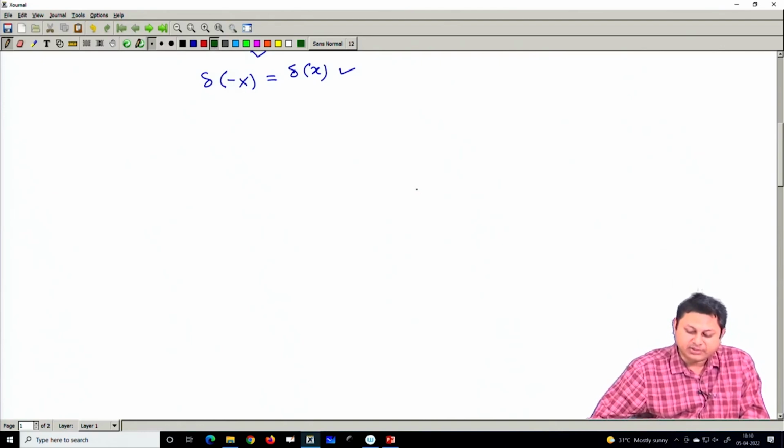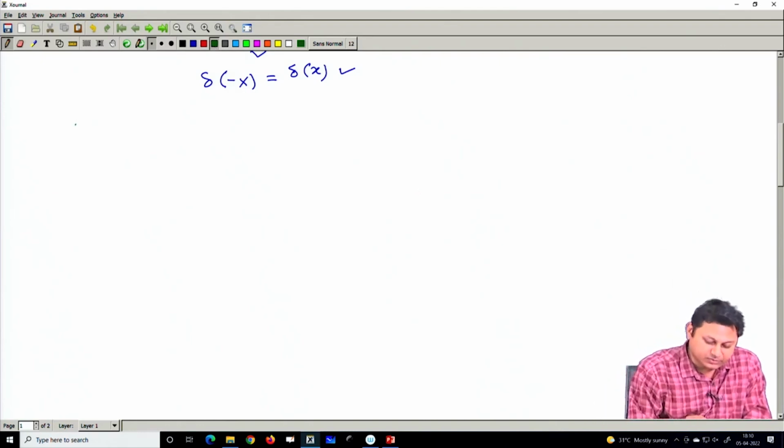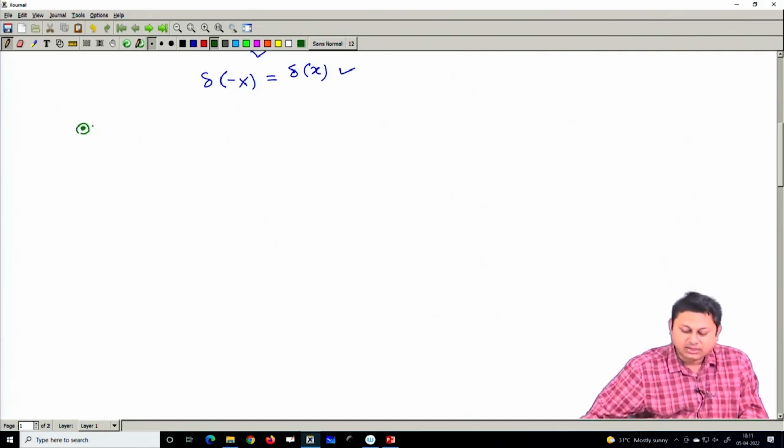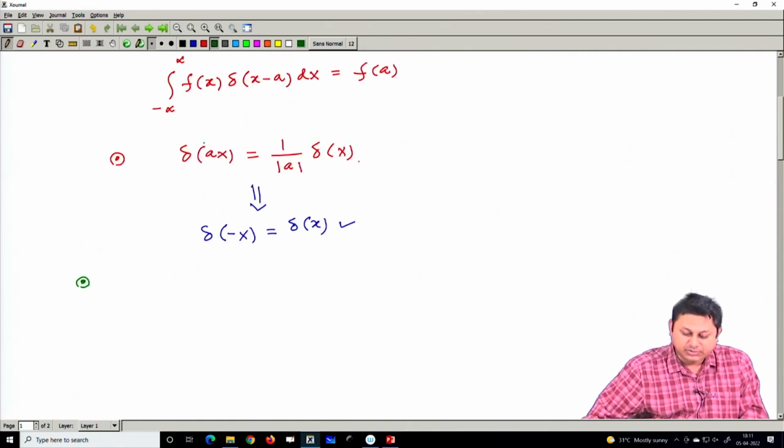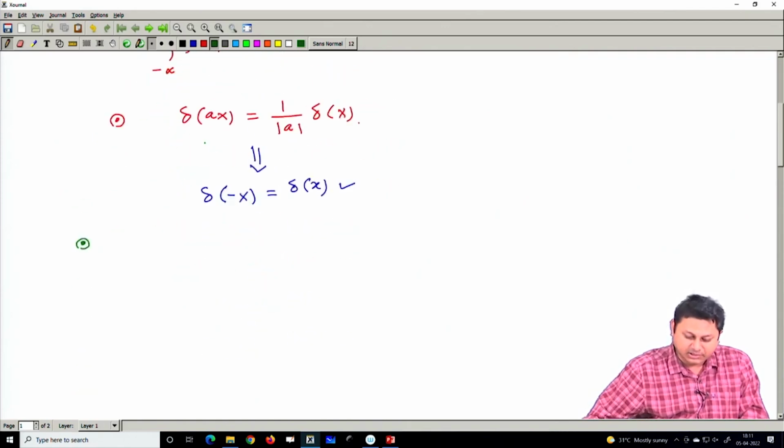This is a very important function in electrodynamics and also in other branches of physics. So I thought that I should give some elaborate discussion on the delta function.